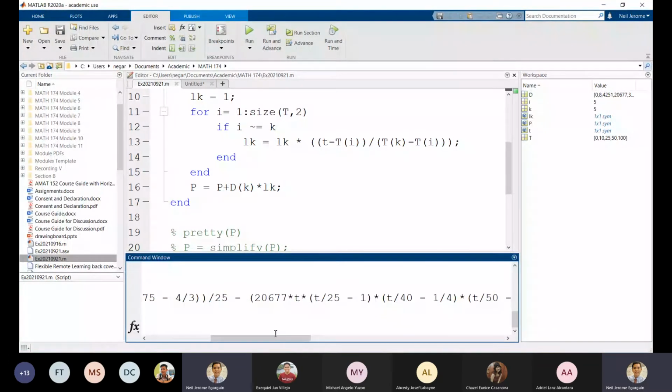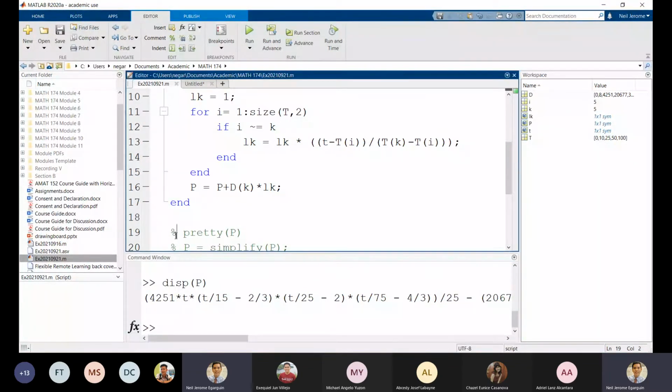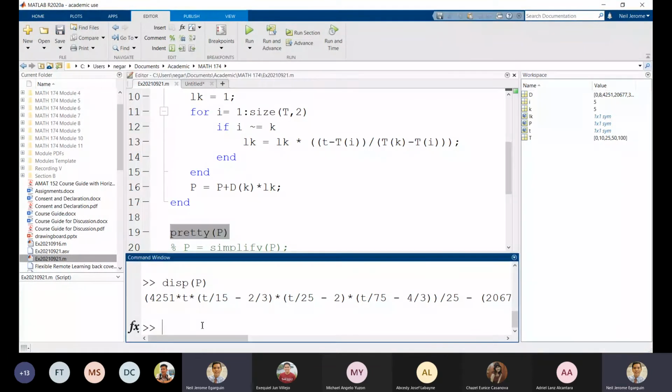So pretty of P, ibig sabihin ilalabas niya si P in a prettier way. So ganun yung pagkakapangalan ng mga commands kay MATLAB. Medyo intuitive siya. Sometimes it's witty. So either i-type niyo yung pretty P dun sa command window kasi na-compute na natin si P, or isama mo na lang siya sa code mo para pag ni-rerun mo siya, okay, makita mo yung prettier version ng polynomial P.